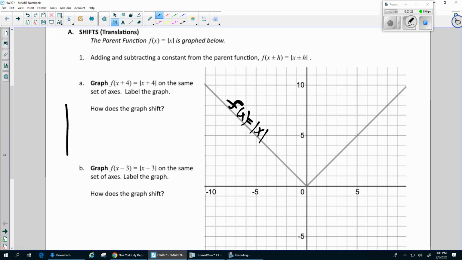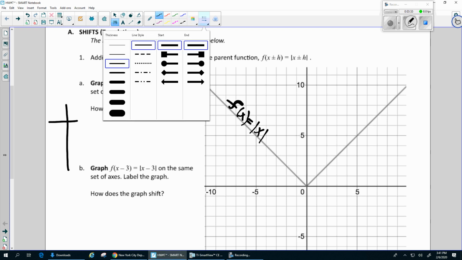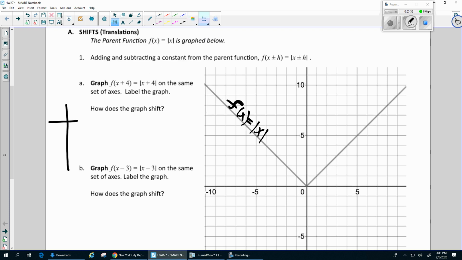Okay, so let's hang on to our vertex -4, 0. And I'm going to do a quick table. And I'm going to place my vertex, -4, 0, halfway down my table. And then I'm going to pick more values that are more negative than -4.